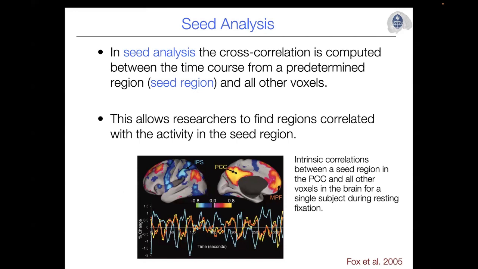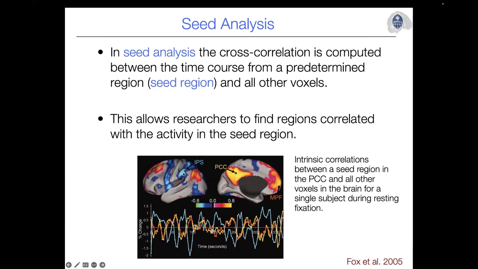This is the example that I already showed you. This is a paper from Fox et al. from 2005, and this is kind of a famous paper because what they did is they took a seed here and found that certain regions of the brain were really highly correlated with it, even far apart from each other.